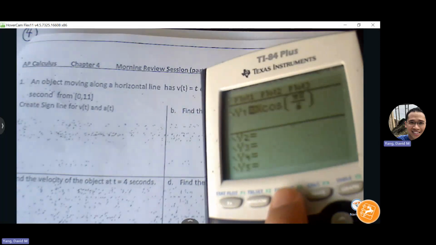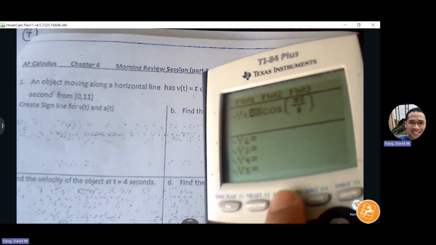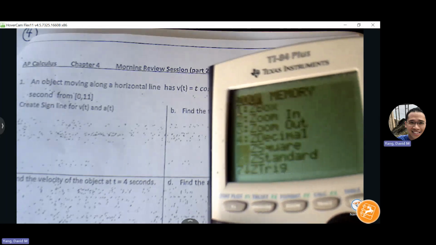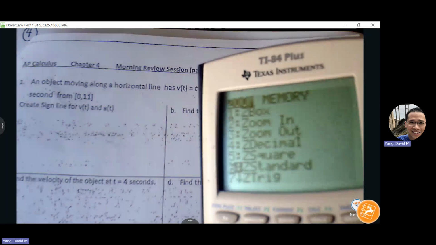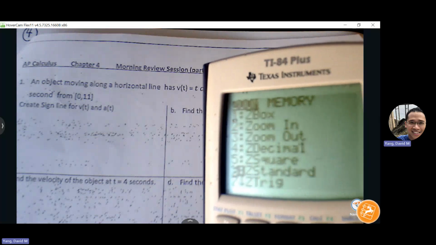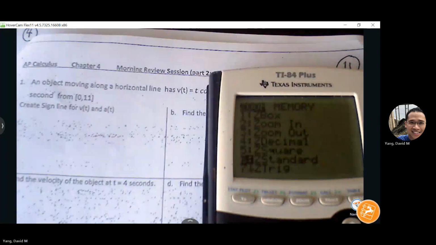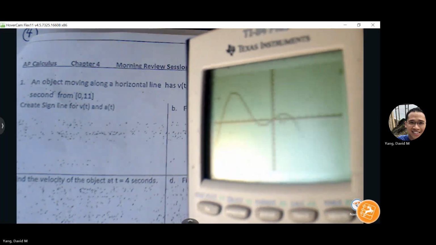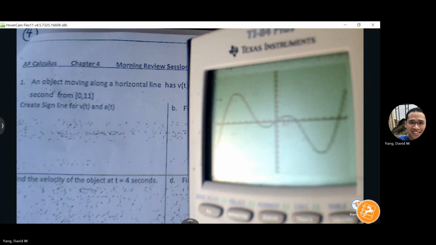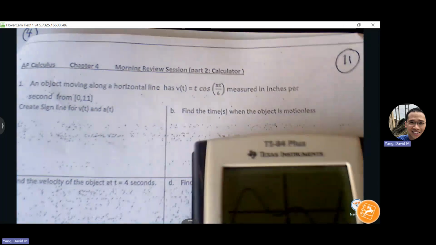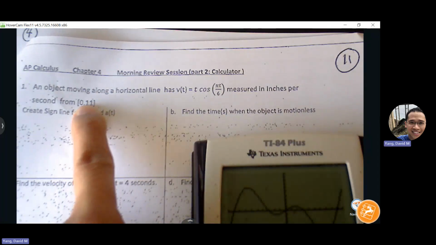Now, I like to start off with Zoom 6. It basically adjusts the window so that it goes from -10 to 10 on the x-axis and -10 to 10 on the y-axis. But I also want us to understand that sometimes if they give us the bounds in terms of the x value, then we want to use it.